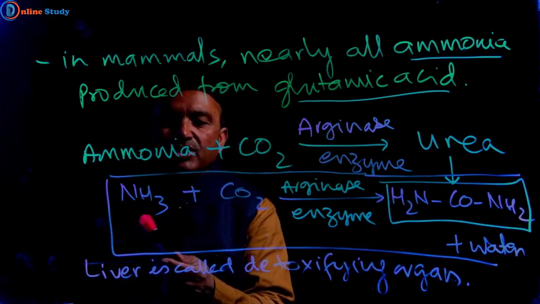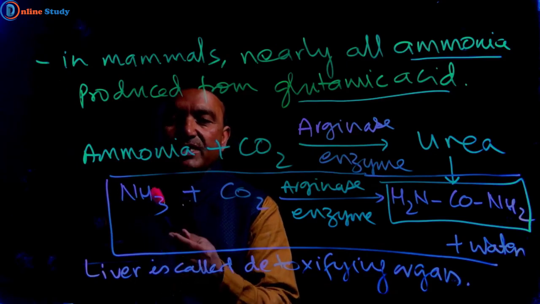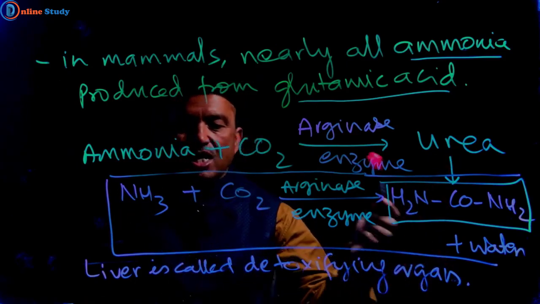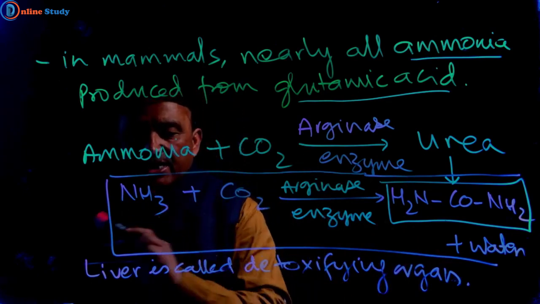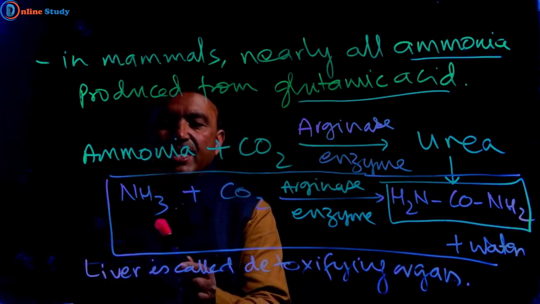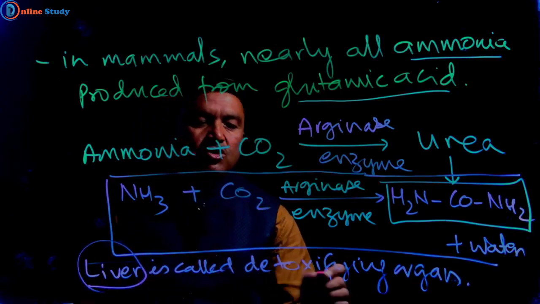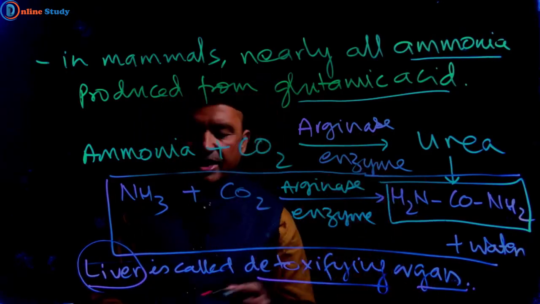So ammonia, a highly toxic substance, is converted into a less toxic substance, urea, and this reaction takes place in liver. So liver is called detoxifying organ.